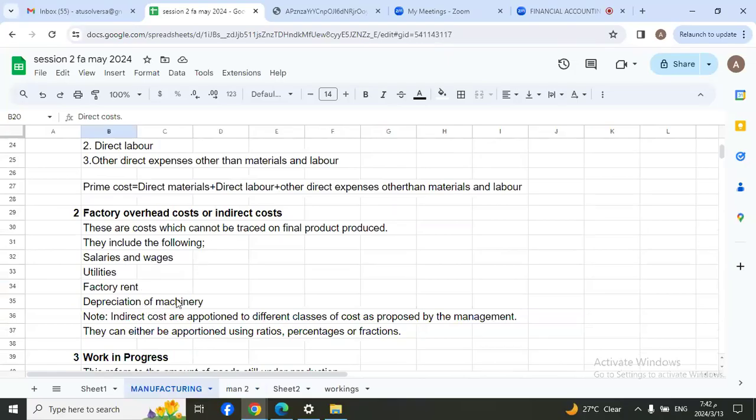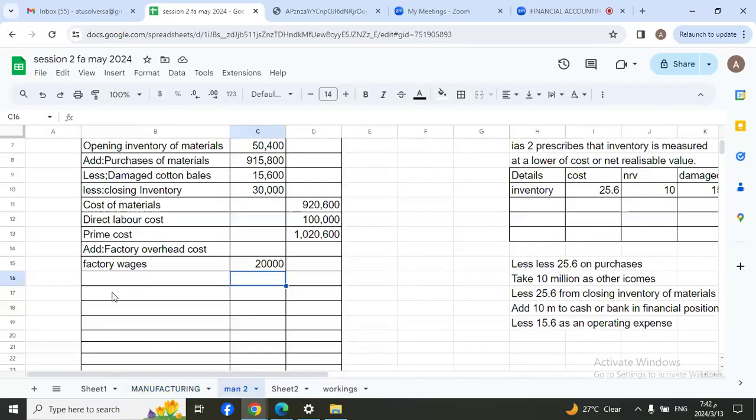We have depreciation of machinery. So it means we say depreciation of plant and machinery.